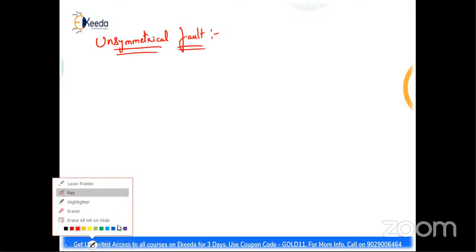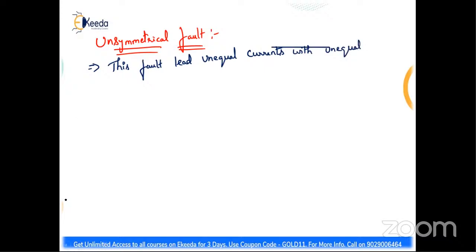And unsymmetrical faults. This fault leads to unequal currents with unequal phase shifts in a three-phase system.